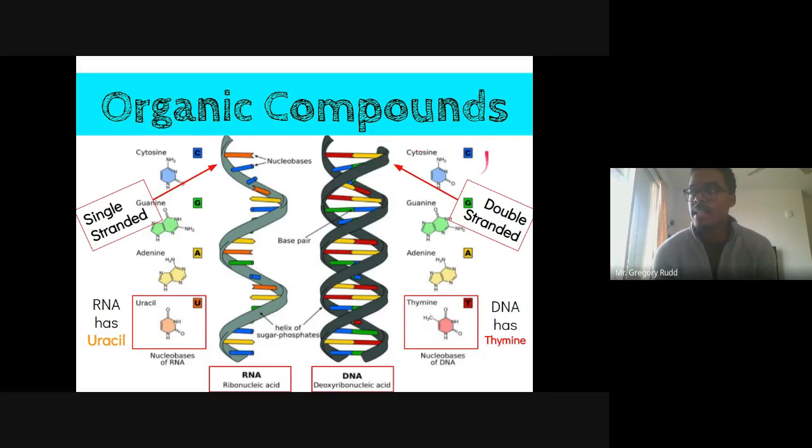So cytosine is C, guanine is G, adenine is A, and both RNA and DNA have those same three. They both have C, G, and A, but RNA has U and DNA has T. We'll talk a lot more about that, but these are the two examples of nucleic acids, DNA and RNA.